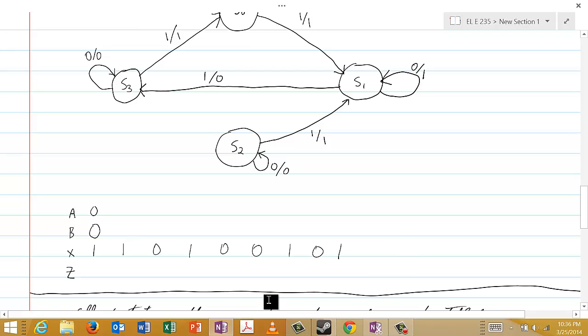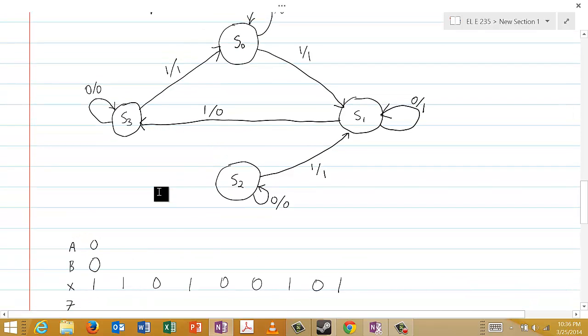So here's our input sequence of x's, and we will assume that we are initially in the 0, 0 state, and then we'll try to predict what z would be. So remember now, 0, 0 is the S0 state.